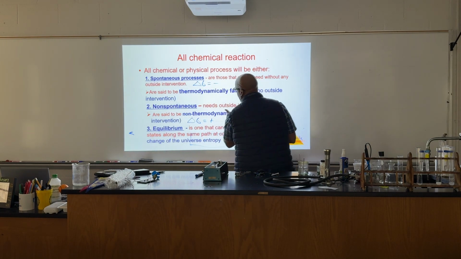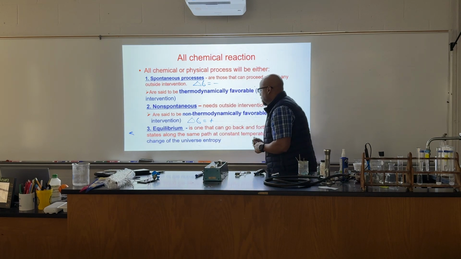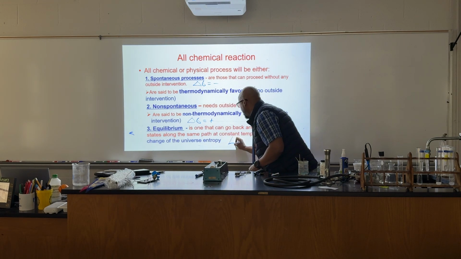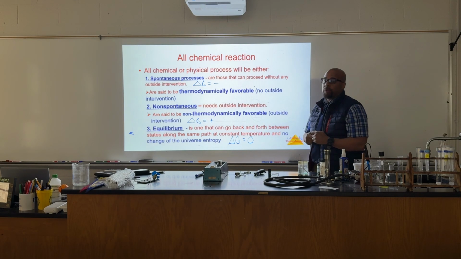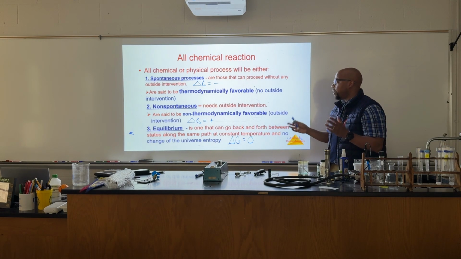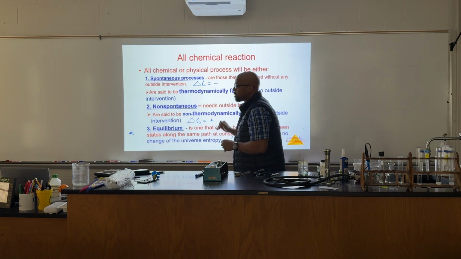However, in the reverse direction, it will be spontaneous. And then the last part is equilibrium, where delta G is equal to 0, and we simply say it's under equilibrium conditions. So we're just using Gibbs free energy to determine whether it's spontaneous, non-spontaneous, or at equilibrium.